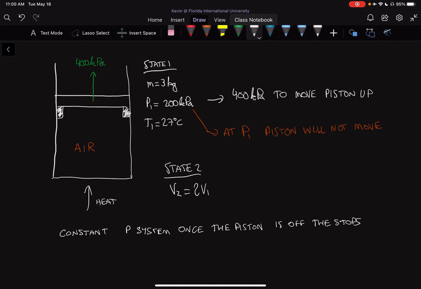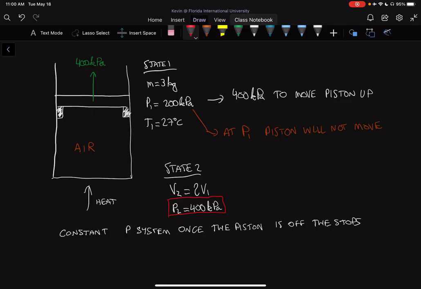Okay, so we know that, and therefore we know that pressure 2 is going to be equal to 400 kilopascals. This is the deduction that we have to make that is very important. Okay, you have to be able to make this deduction by yourself when you're doing this kind of problem.